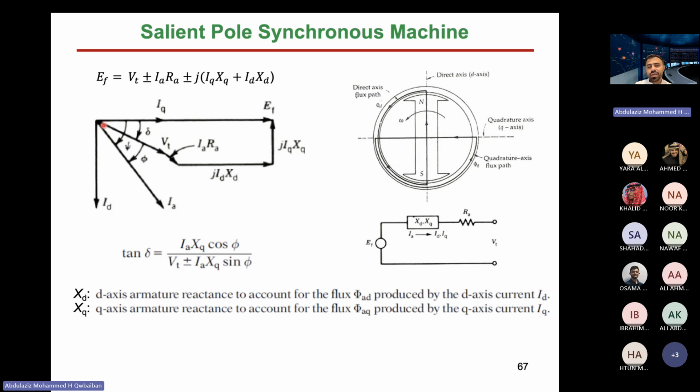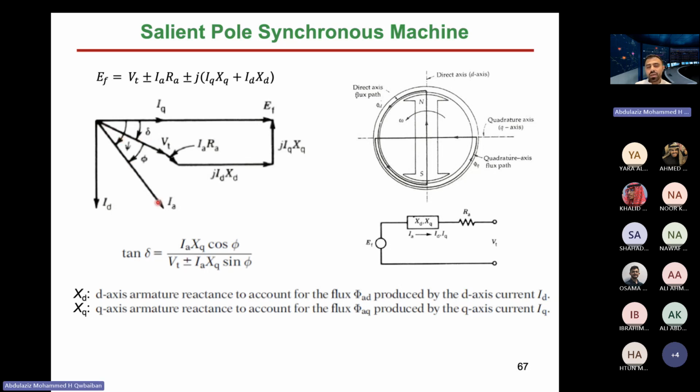Now what's happening here is take the IA. Is this lagging or leading? It's lagging because V of t leads IA, or IA lags V of t. So we're assuming it's a lagging power factor with an angle of theta. The torque angle is delta.